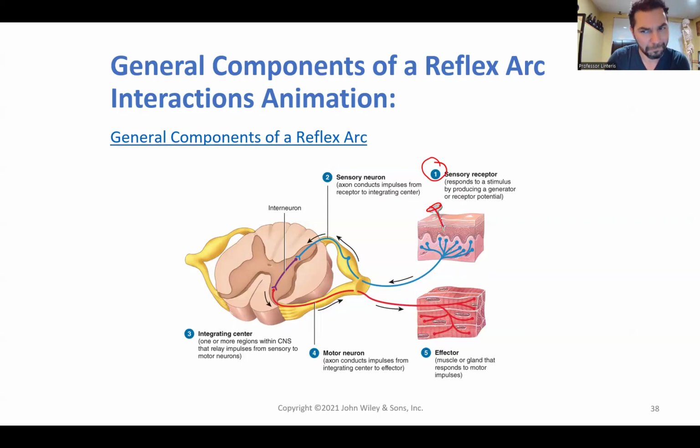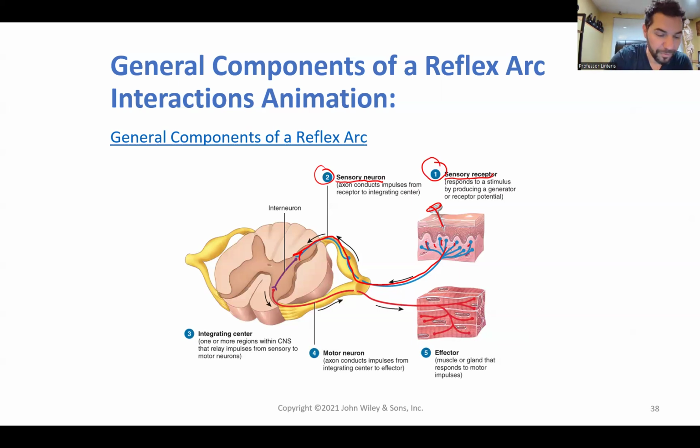We have a pin stabbing the skin. So these sensory receptors will detect that and they will send a message through a sensory neuron. Step 1, sensory receptor. Step 2, sensory neuron. We know sensory goes in the back of the spinal cord.